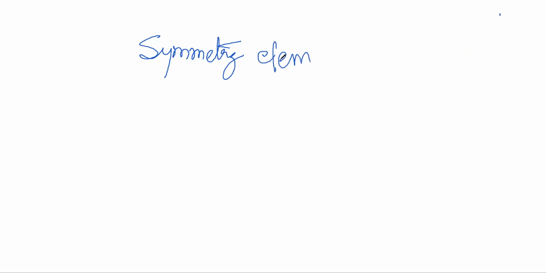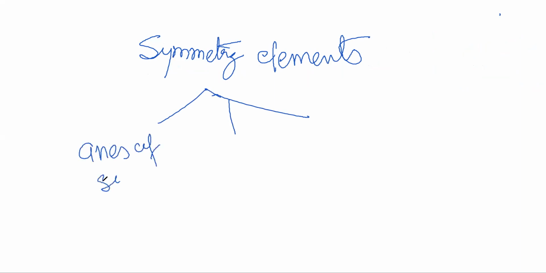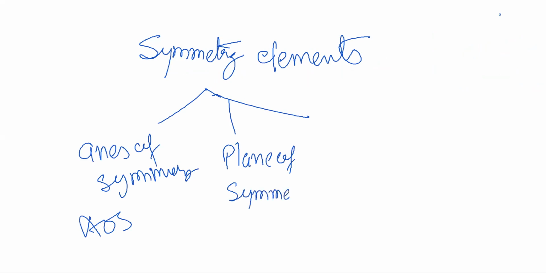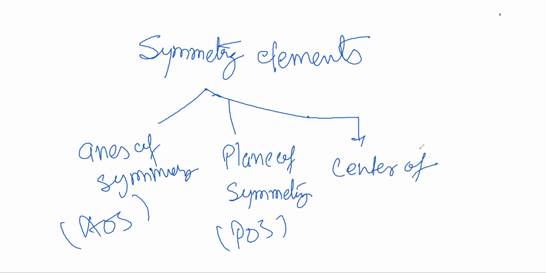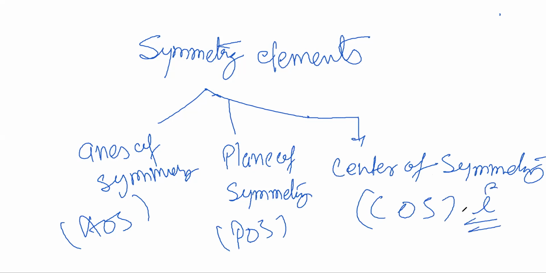So there are 3 symmetry elements: axis of symmetry, known as AOS; plane of symmetry, which is POS; and center of symmetry, COS, and it is represented as I. We will be discussing all these. This is important to understand.